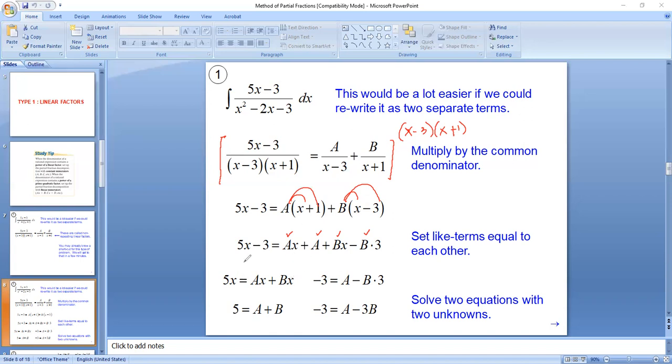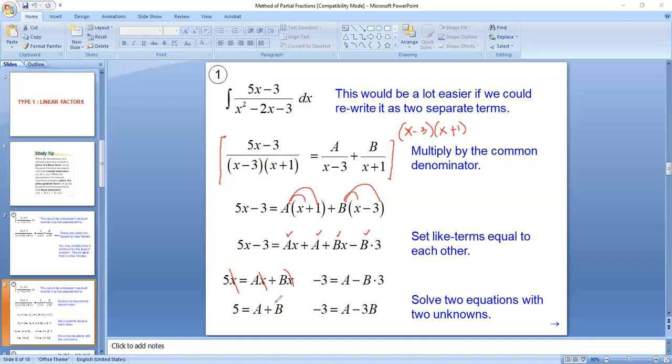You will equate the term that has the x on the left side, so that's 5x, to the terms that have the x on the right side. So in here you have Ax plus Bx. If this is minus Bx, this should also be minus. Then you divide the entire equation by x, so you just drop the x. Now you have an equation which is 5 equals A plus B.